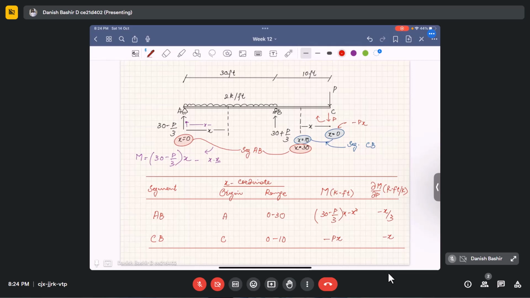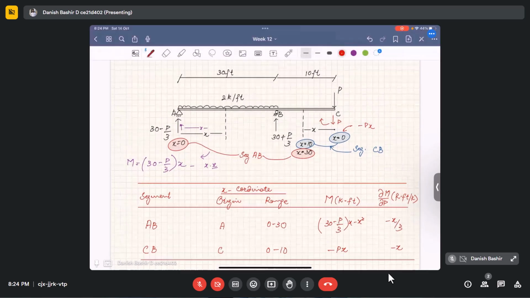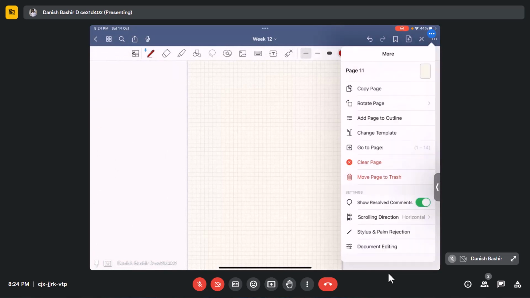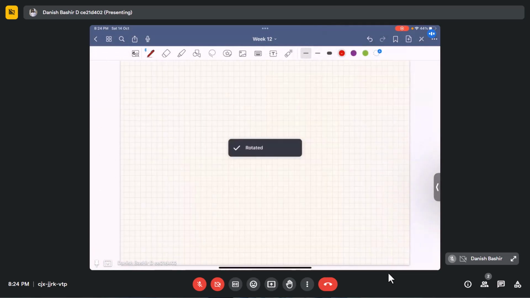So we got our point. Now deflection at C can be determined by substituting P equal to 12 kips in the equations of M and dM/dP, okay.